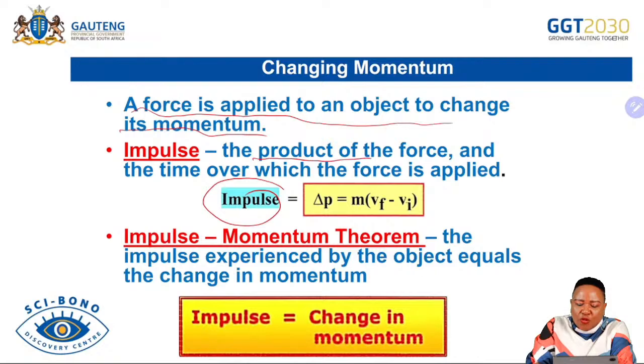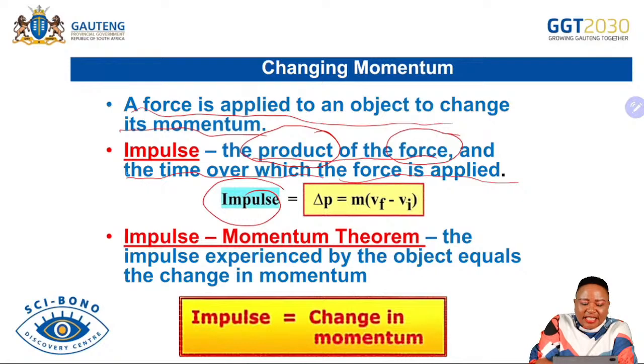It is the product of the force and the time over which the force is applied. So when you look at impulse, you look at the product again, the answer that we get from the force and the time over which the force is applied. So that is why impulse is provided by the formula F net multiplied by change in time.